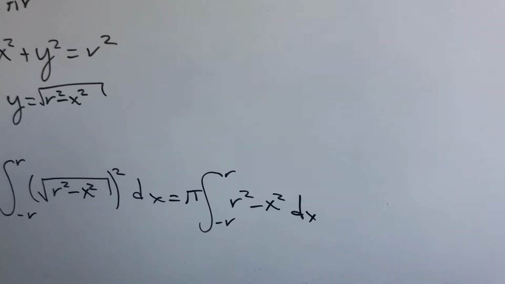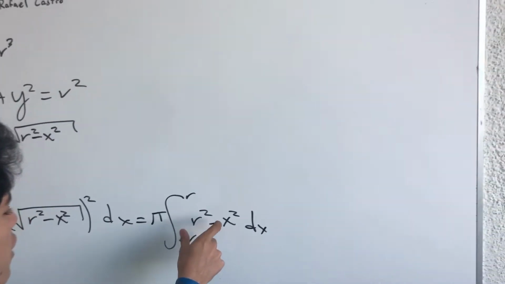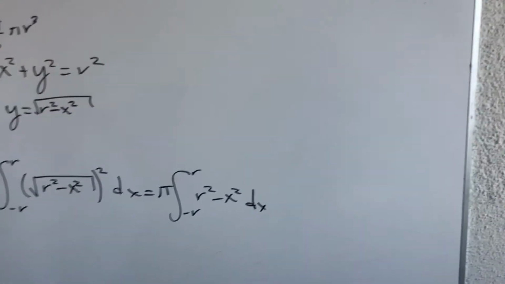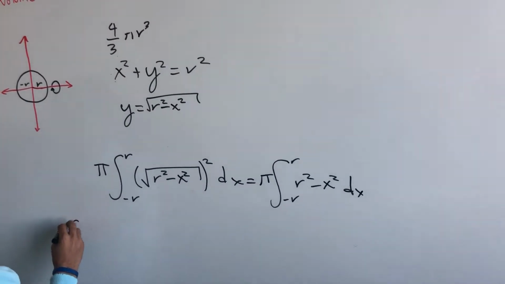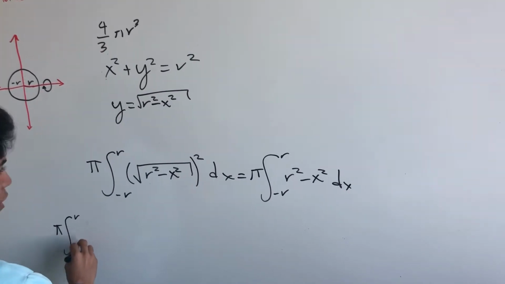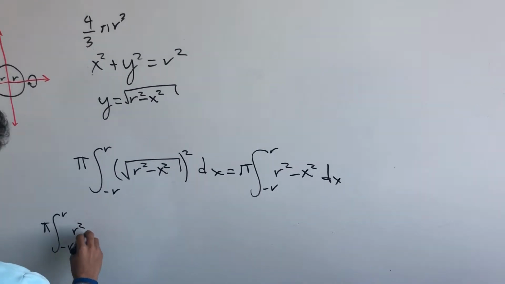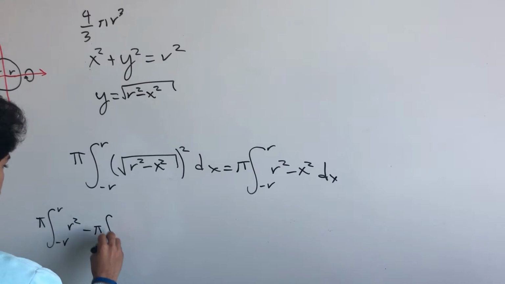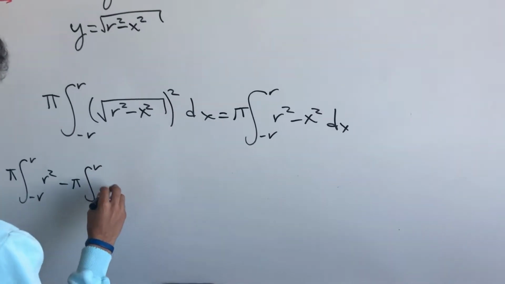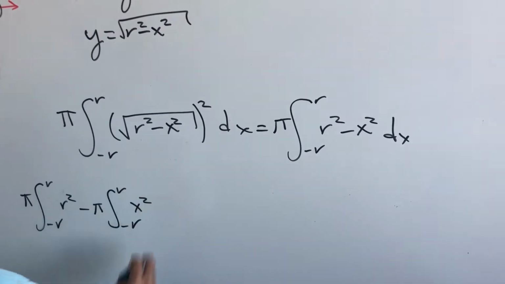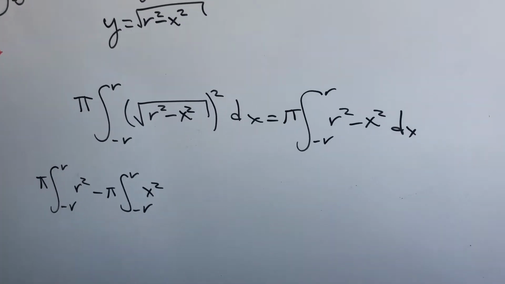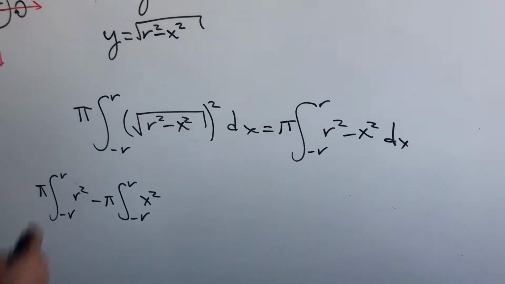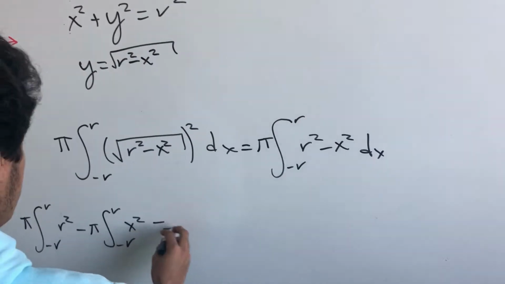So in order to integrate this more easily, we're gonna separate each one of them as follows. It's gonna be pi r squared minus pi x squared. So now we can integrate each one of them, and we are supposed to obtain this result.